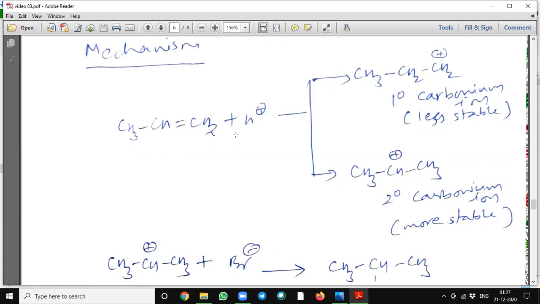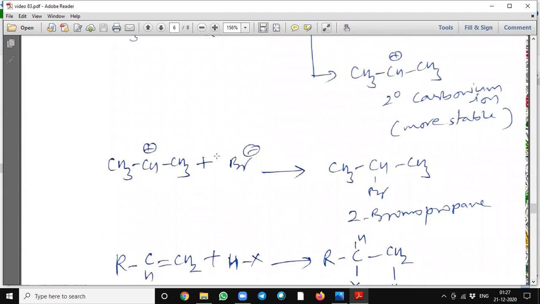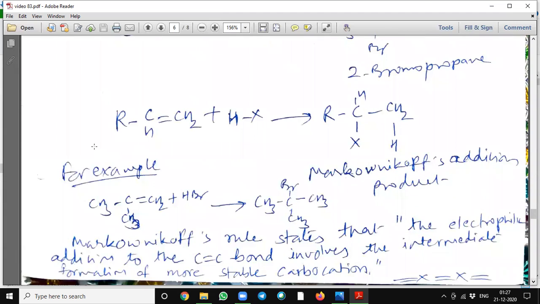If it is added to carbon 1, then it will form a secondary carbonium ion, which is more stable. So after formation of the secondary carbonium ion, the halide reacts and it will form 2-bromopropane. So this is called the Markovnikov addition product.